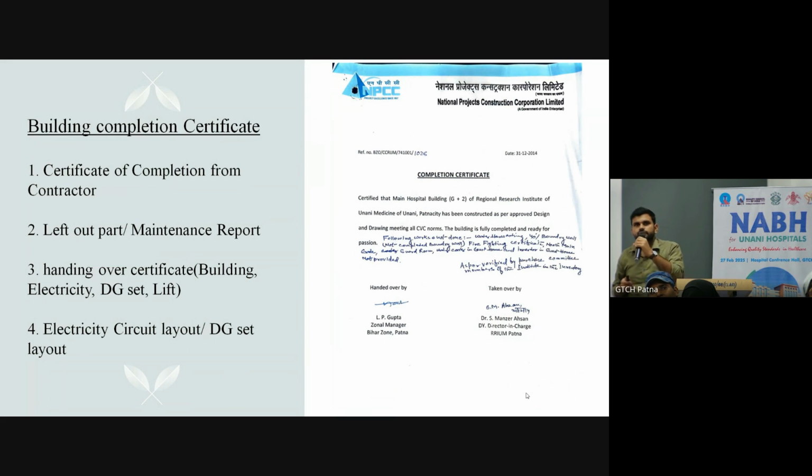One more important thing: a fire exit layout should also be prepared. I will explain it later, but we need to nominate a safety officer, who will make sure that the fire exit layout is created and displayed on every floor, every point where it is needed.